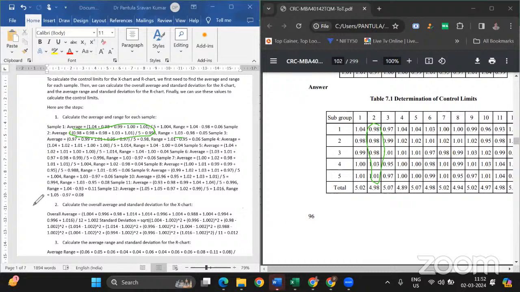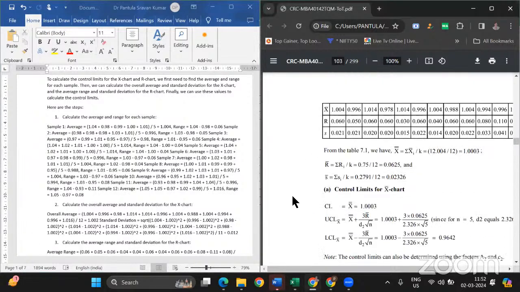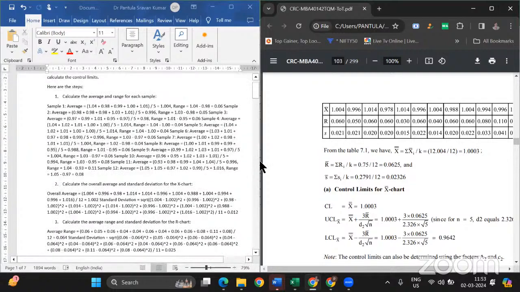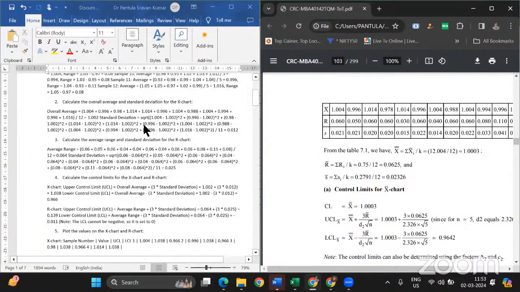I'll clear all. We'll get the values like this: 0.04, okay, 0.98, okay, 0.996. You can see here 0.996. Now you can see here 0.104, like next 0.98. Like this, we are going to get the values.